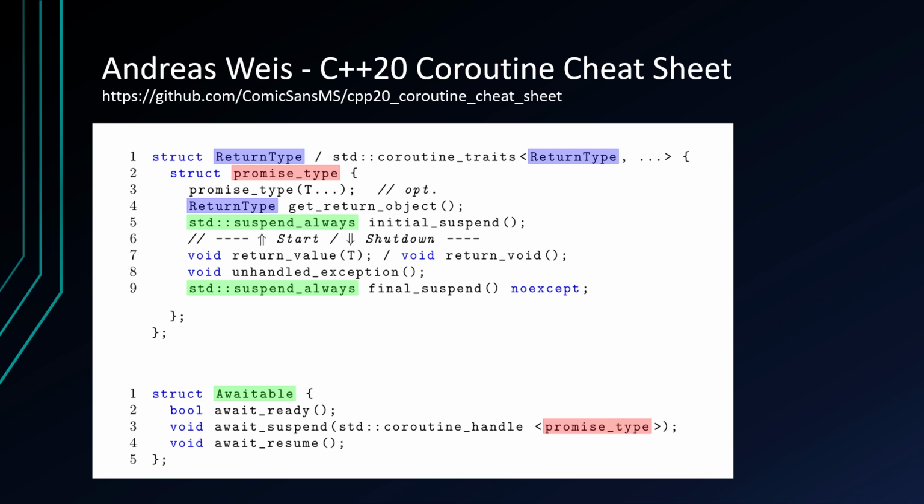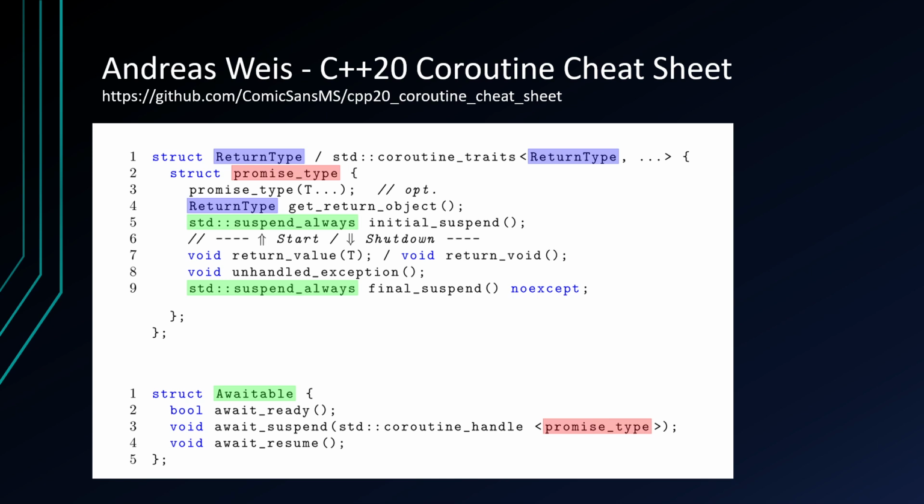This is how you customize what happens when the coroutine is first invoked. Does it suspend immediately before you execute any code inside the function body of the coroutine? And when the coroutine exits via just falling off the end like a normal function or via co_return, does it suspend one more time at the end, or does it just immediately exit and delete its compiler allocated heap memory that represents its execution context?